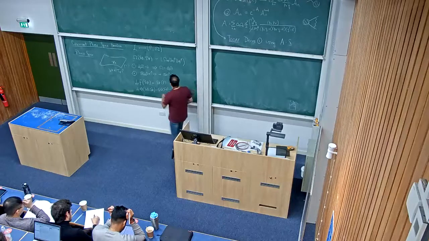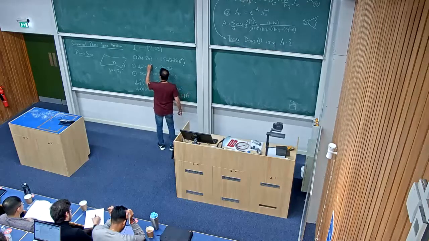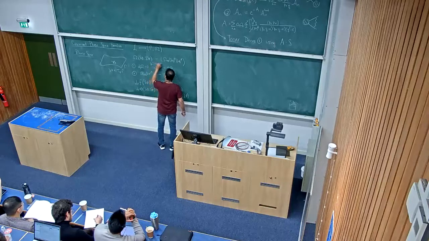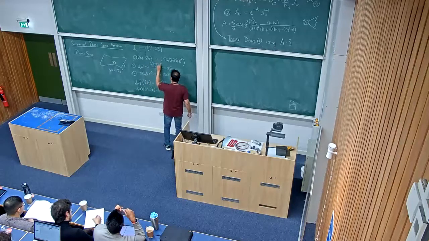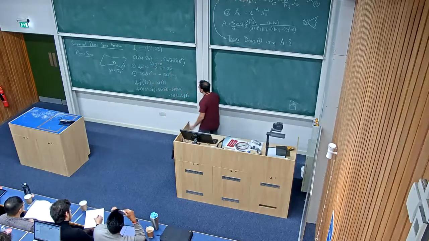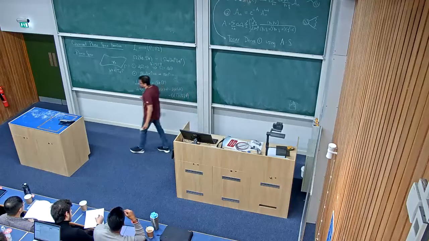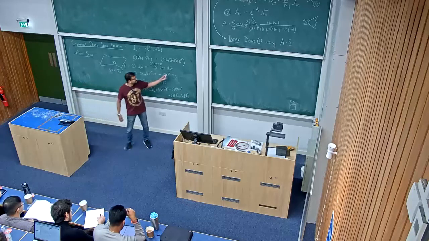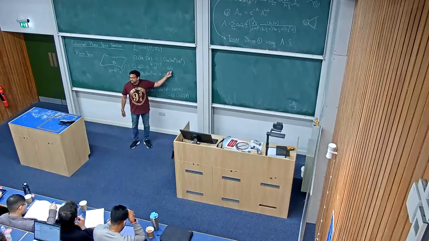Now here, this equality is only true if H1 of gamma is 0, the empty set. It just says 0. This is a crucial assumption that we anyway have to make, because the Lagrangian doesn't exist unless theta exists.